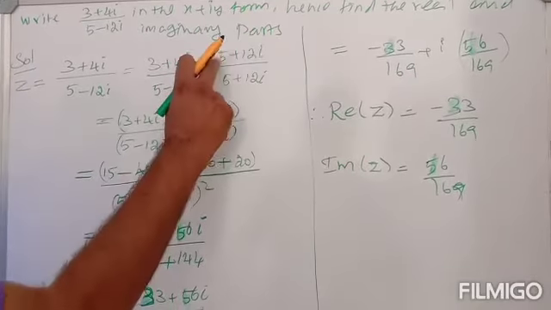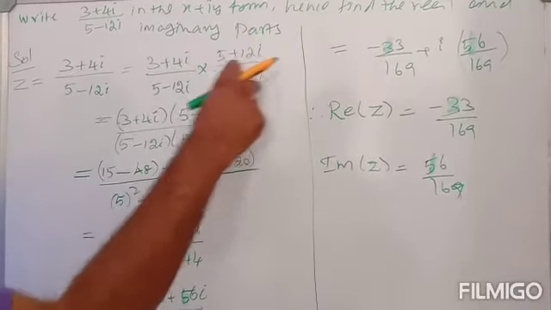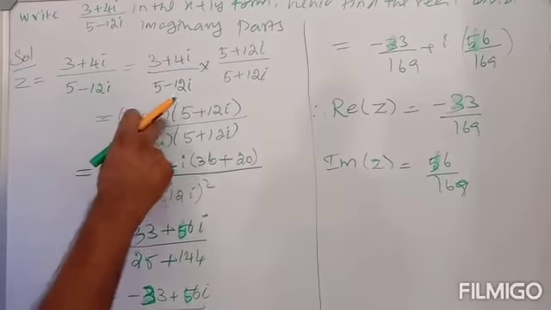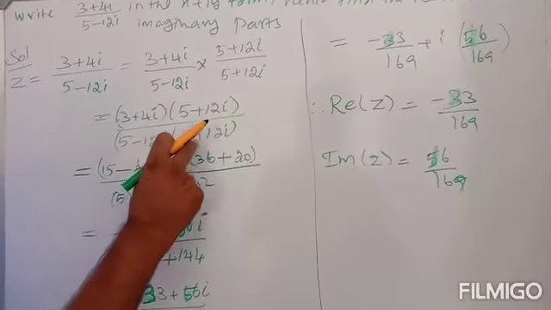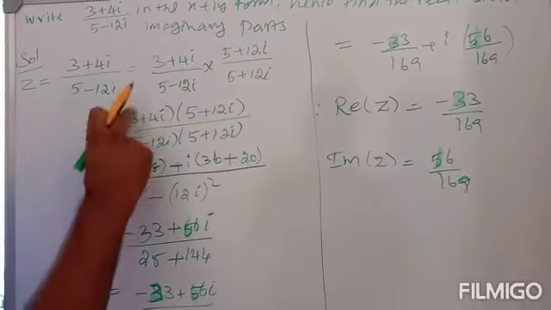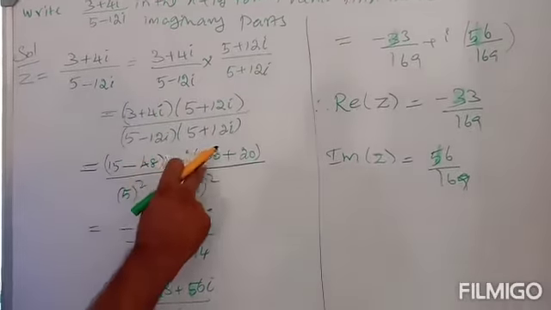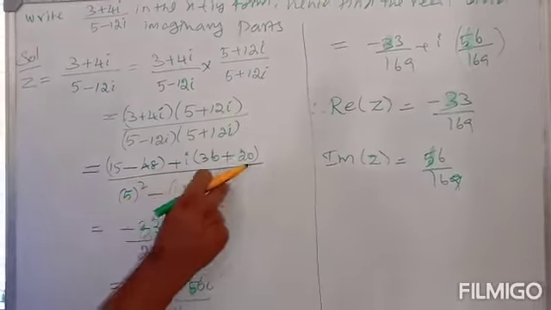So we multiply 5 plus 12i in both numerator and denominator. We got (5 plus 12i) by (5 plus 12i). So that is equal to (3 plus 4i) into (5 plus 12i) divided by (5 minus 12i) into (5 plus 12i). So that is equal to, multiplying these two numbers, 15 minus 48 plus i into (36 plus 20), divided by 5 square minus (12i) whole square.